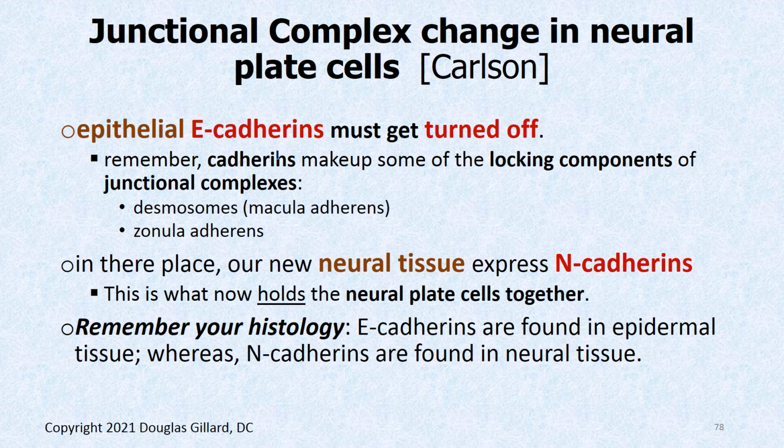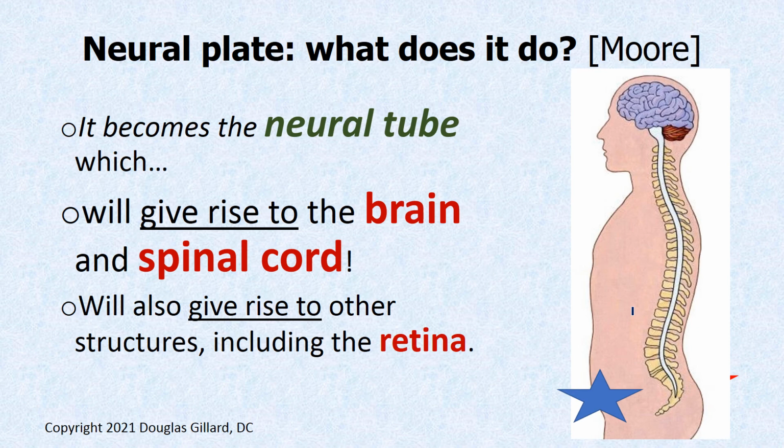And if you want to create neural tissue, that won't work. So those gene products also cause a metamorphosis where the genes for E-cadherins stop working and the genes for N-cadherins turn on. And they're structurally a little different. We won't get into it, but just know that you have to switch E-cadherins to N-cadherins to make neural plate cells.